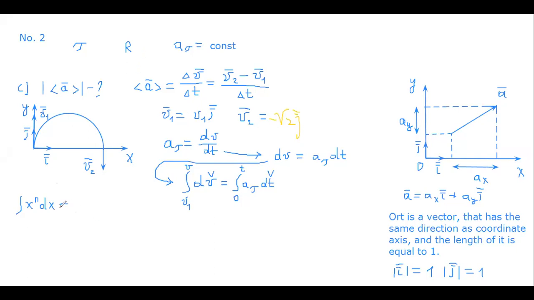According to the table of integrals, we have x to the power n plus 1 divided by n plus 1, plus constant. We will always have this constant because this integral is indefinite. It has no integral limits, and because of this we have a constant here.